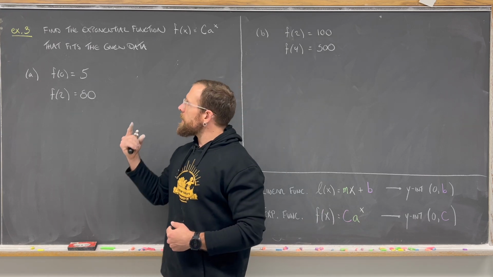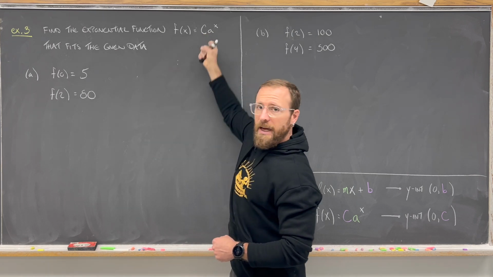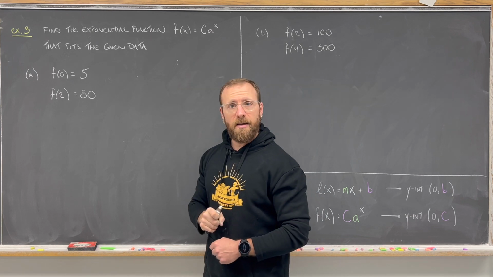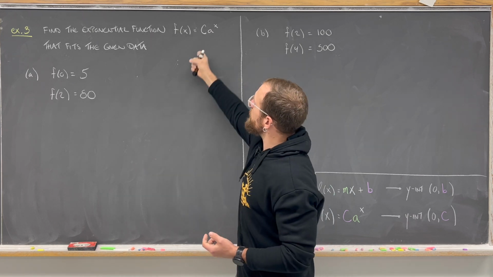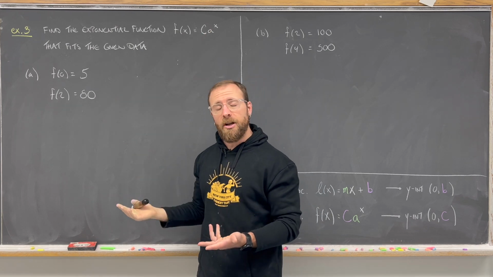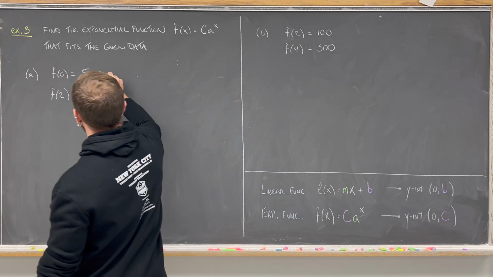So here I'm asking a question that needs you to figure out what c and a should be. It says, find the exponential function that fits the given data. Your job is to figure out what c and a are, given this information about the exponential function. The first step is to write down what this is really telling me.